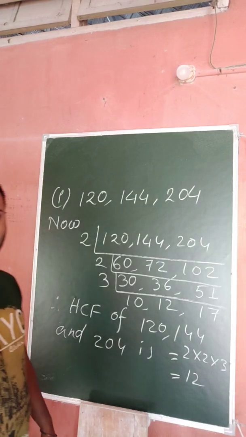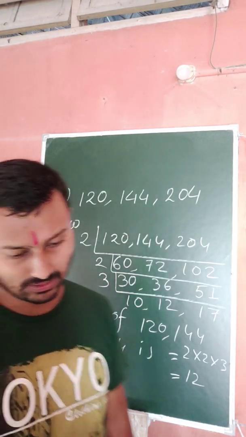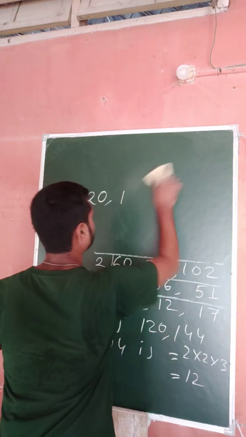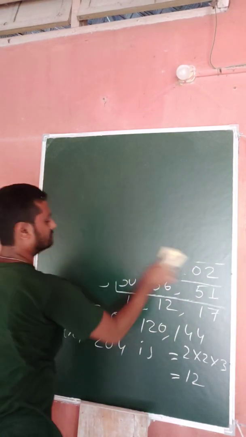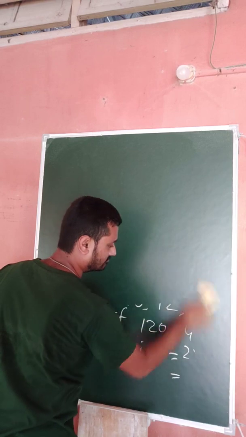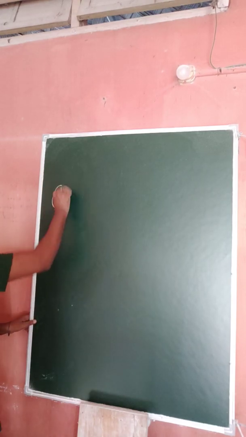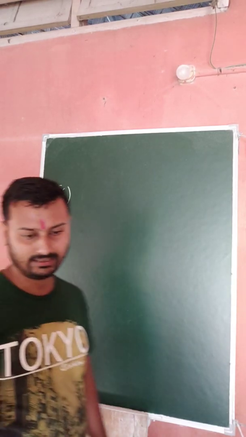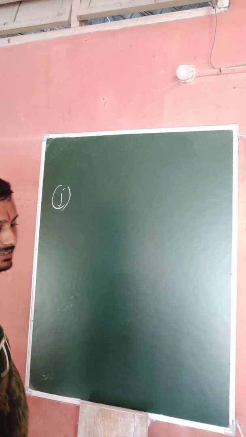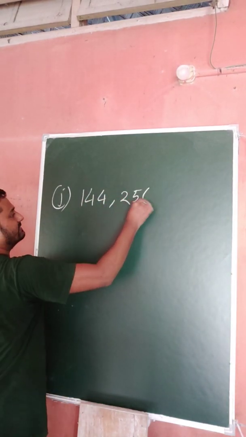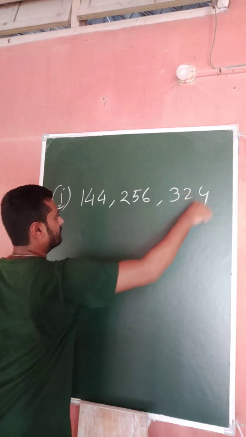Okay, so now come to the last question, question number J. Given 144, 256 and 324.